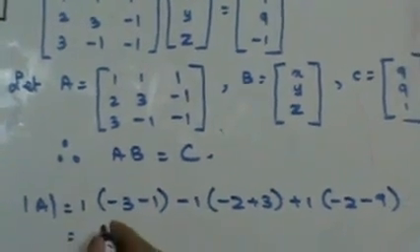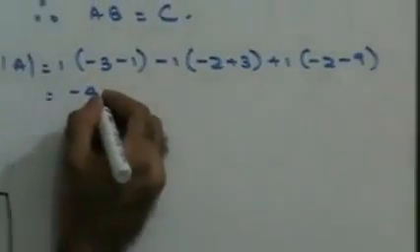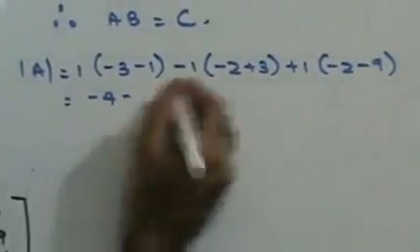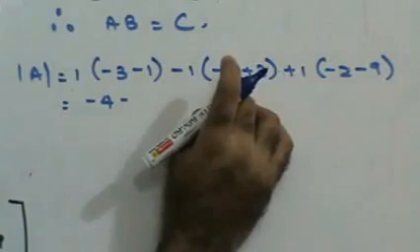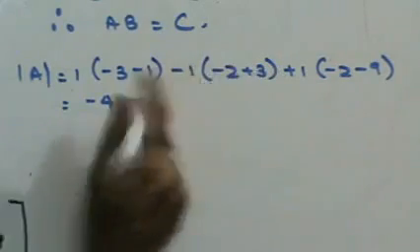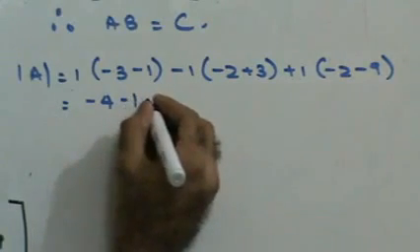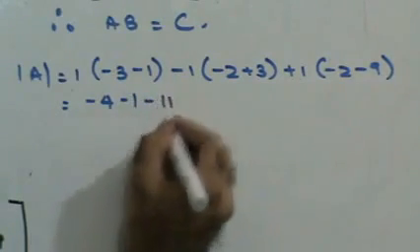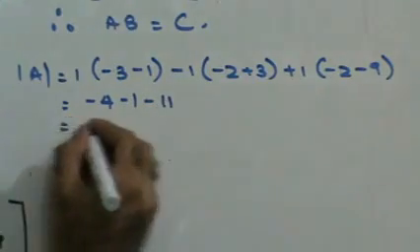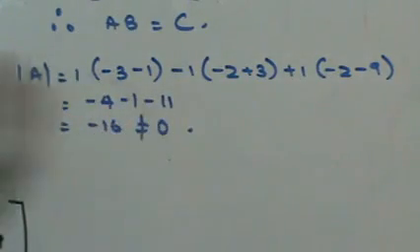So this is 1 into minus 4, which is minus 4, minus 1 into 1, so that's minus 1, and this is going to be minus 11. So in that case, this is going to be minus 16, which is not equal to 0.